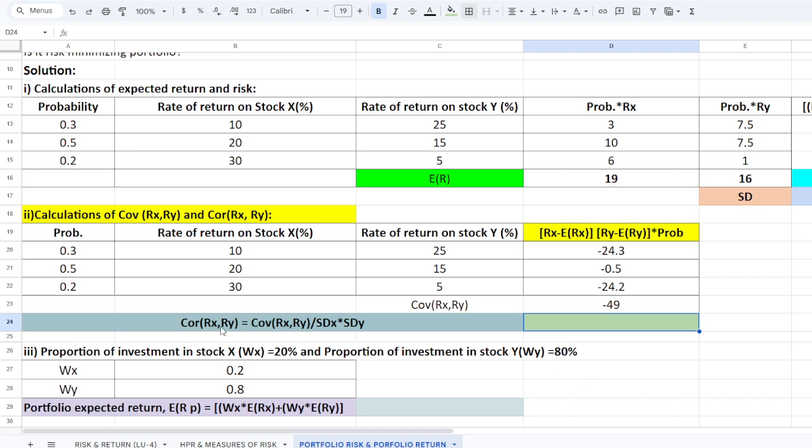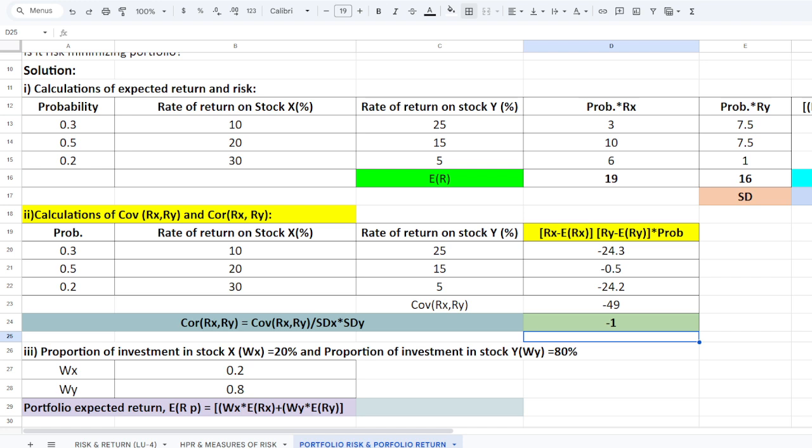Now what about the correlation coefficient? Its value lies between +1 and -1. And you have to again recall this equation. Covariance, we already calculated this value, divided by standard deviation of X, okay, I could use the bracket here, 7% into this 7, I already calculated.